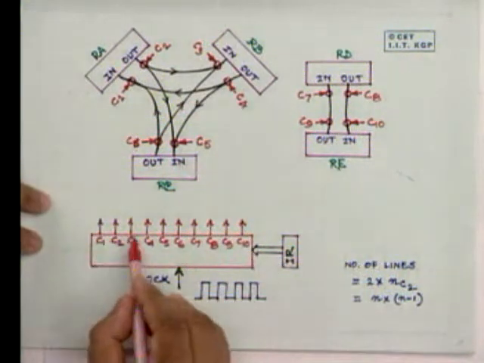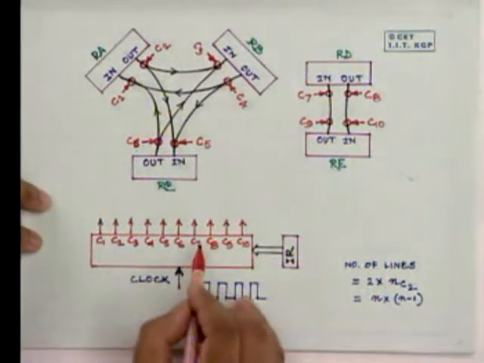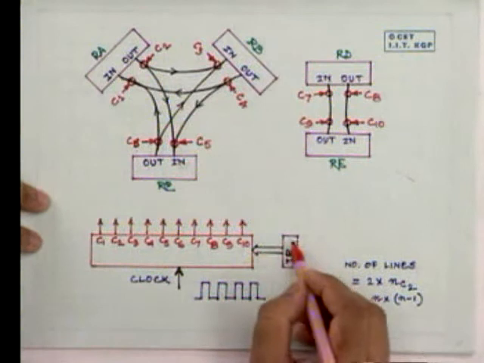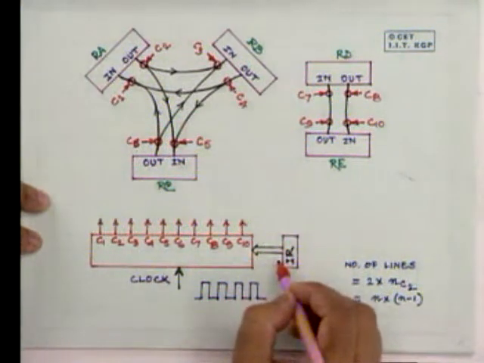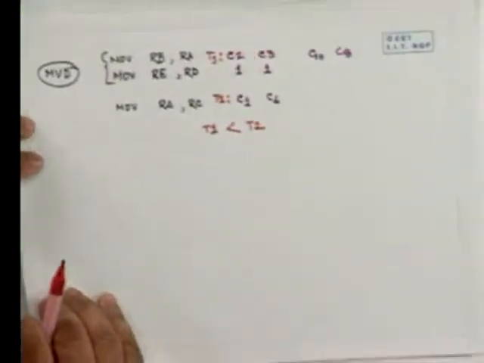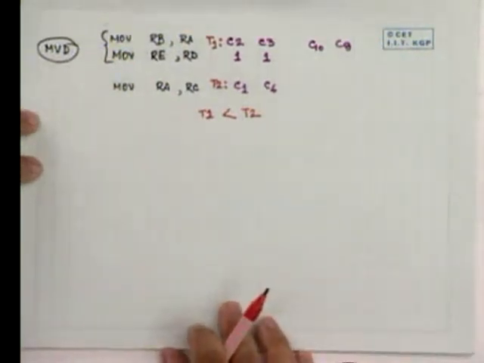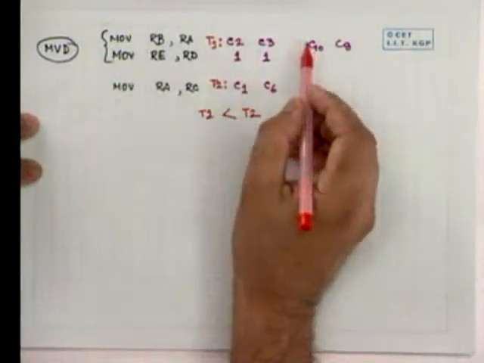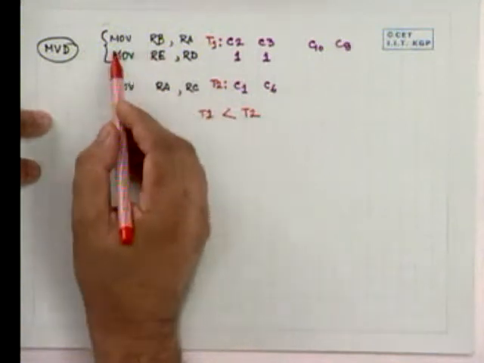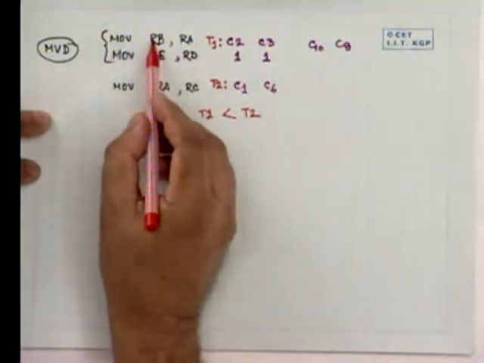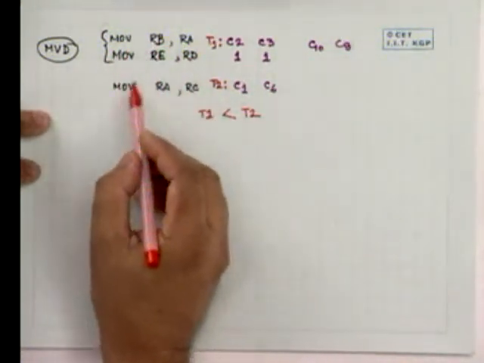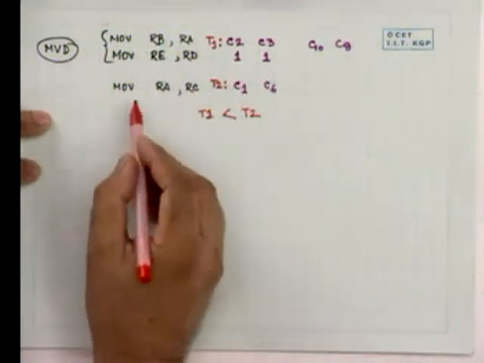Now, which control signals will be 1 and which will remain 0 is determined by whatever we have in the instruction register. The instruction register will contain the instruction, say move RA to RB, move RD to RE, move RC to RA and so on.